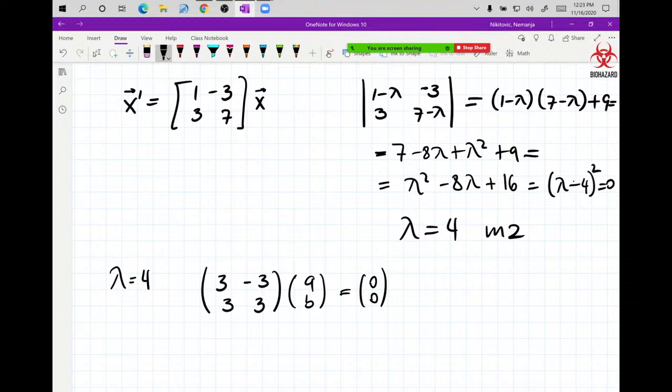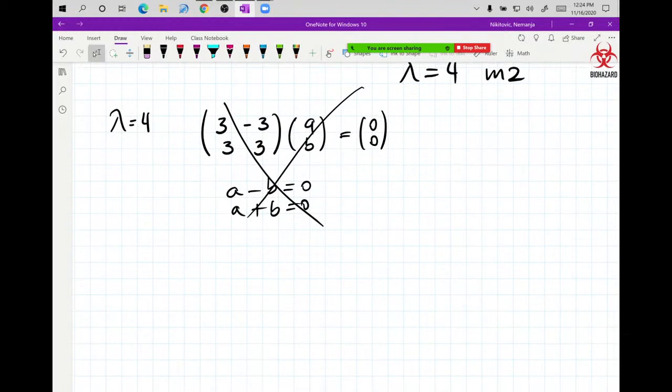Because when you plug in the top, you get A minus B equal to 0. And for the bottom is A plus B equal to 0. And this can only happen if A and B are both zeros. Because if you put any other values, the subtraction and addition of the two values is not going to give you 0. So we can't solve it. So, busted. So what do we do instead?